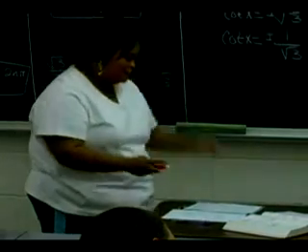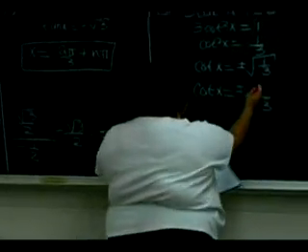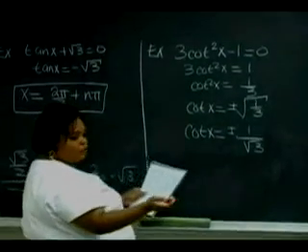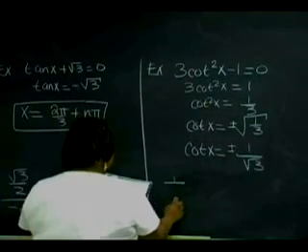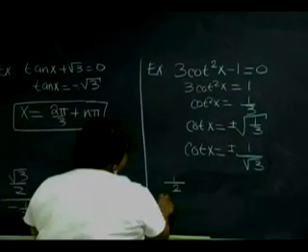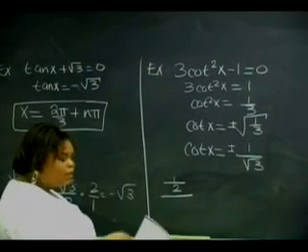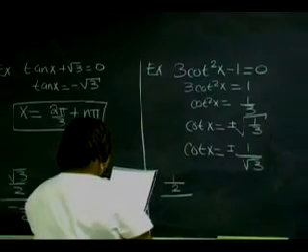Okay. So let's look at this again. 1 over the square root of 3. If I look at pi over 3, pi over 3 has cosine value what? 1/2, right? Cotangent is cosine over sine, and it has sine value what?